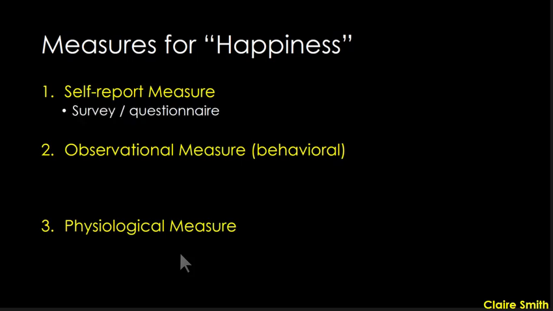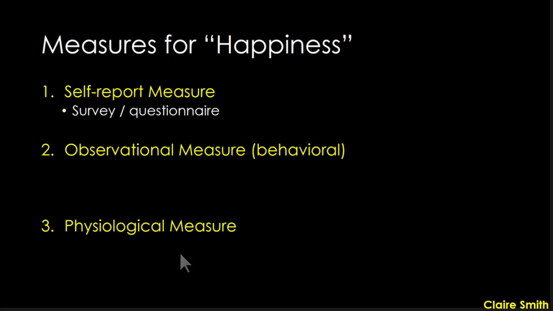So both examples we gave for happiness could be examples of self-reports, right? You have that five-question scale from strongly disagree to strongly agree, that's a self-report. Or even asking a simple question, where on the ladder of life are you at? That would also be a self-report, right?